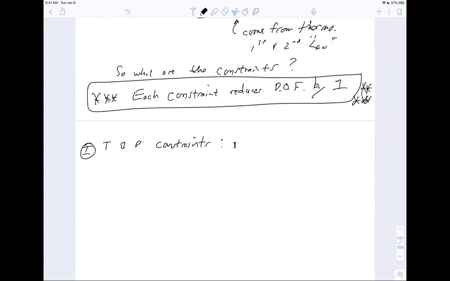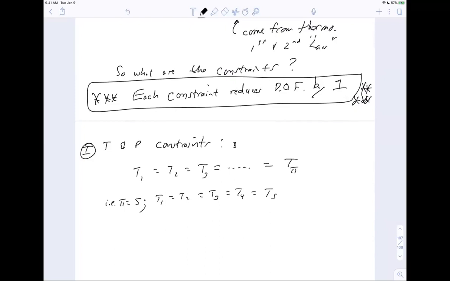Let me just be clear. We have T1 is equal to T2 is equal to T3, and so on, up to T pi. Let's say pi is equal to 5. So we have T1 is equal to T2 is equal to T3 is equal to T4 is equal to T5, i.e. pi equal to 5.